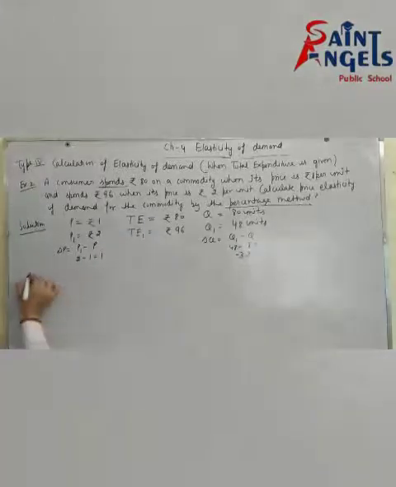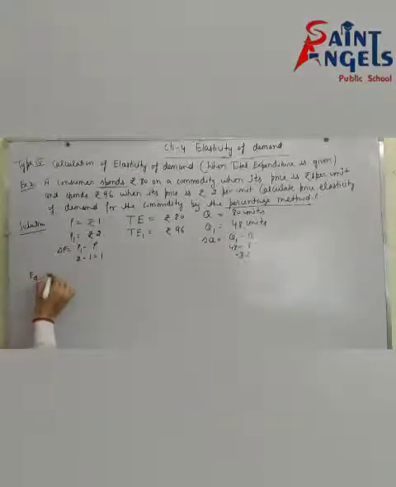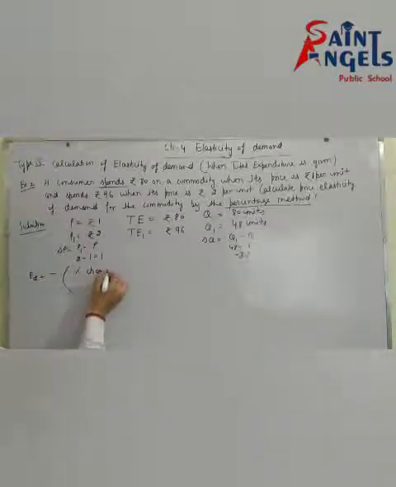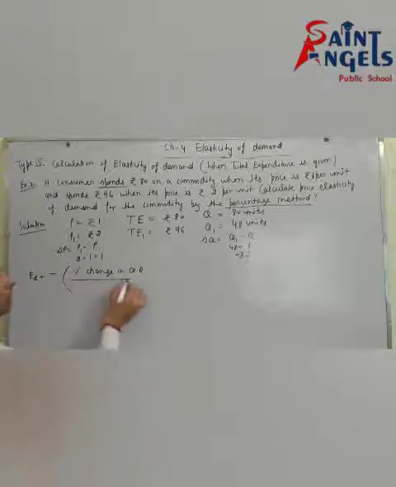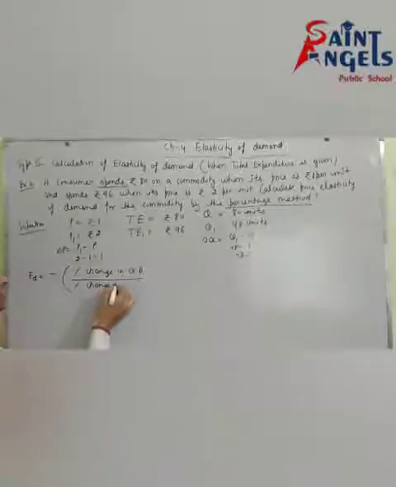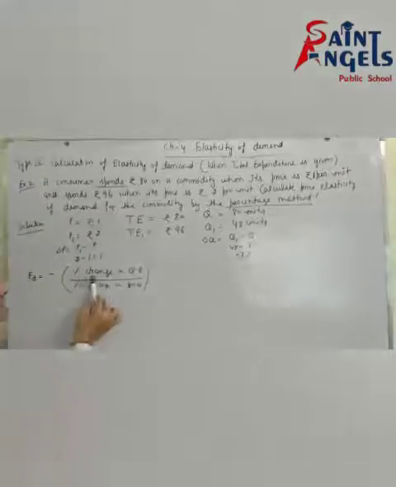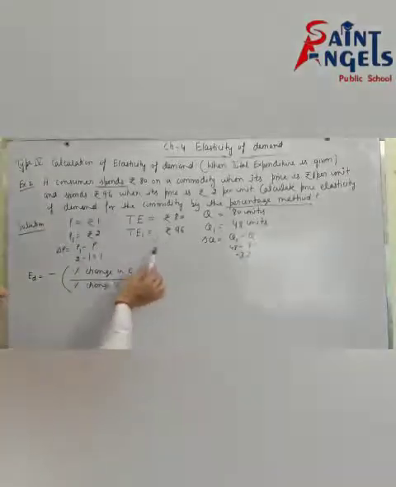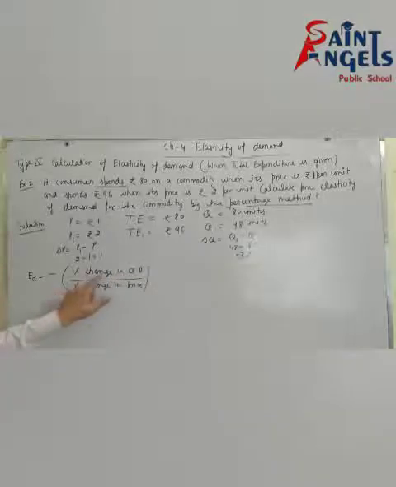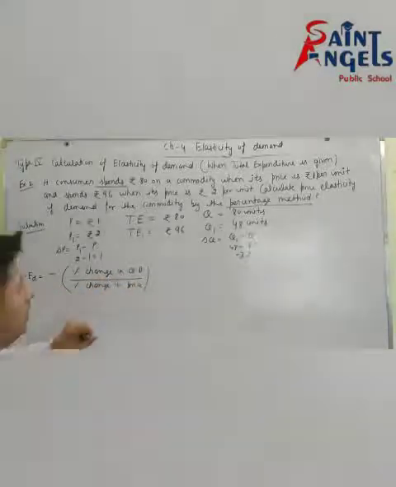ED is equal to minus percentage change in quantity demanded divided by percentage change in price. See, percentage change in quantity demanded is not given in this question. So first of all you will calculate percentage change in quantity demanded.